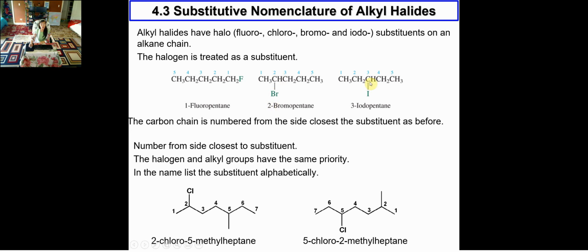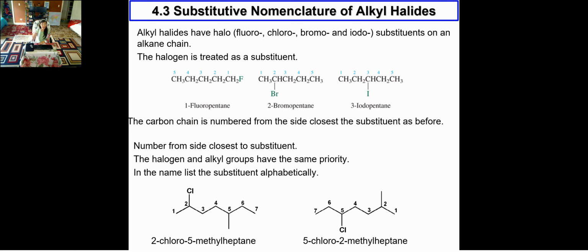The last one, you have totally 5 carbons, which is also a pentane. You have an iodo. This iodo is located in the number 3 carbon, so you call it 3-iodopentane.